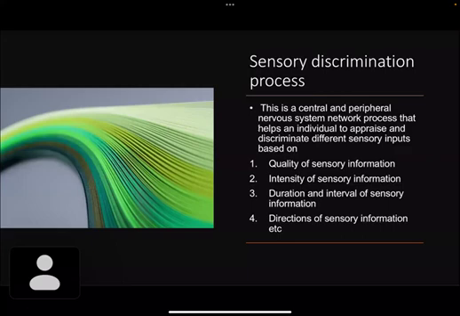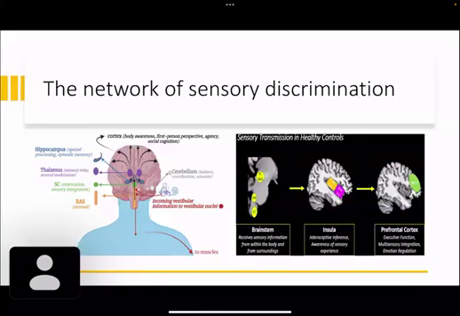I would discriminate between two different sounds based on whether one has different quality from the other or not, whether one is louder than the other or not, whether one is more prolonged or less prolonged, whether one has intermittent intervals or no intervals, or from where the sound is coming. So what is the network of sensory discrimination?